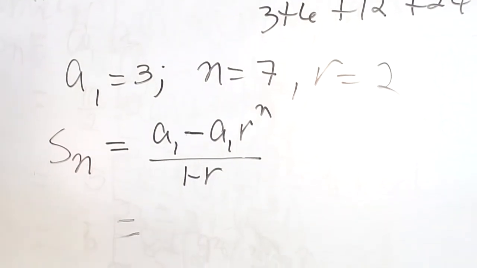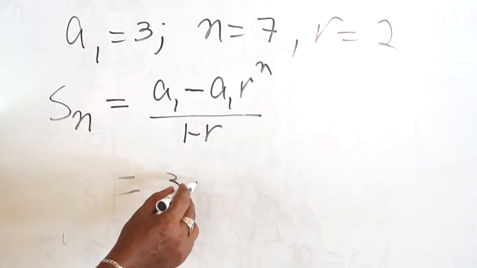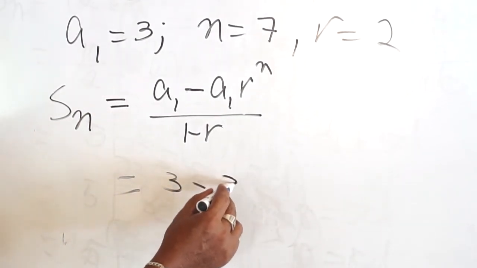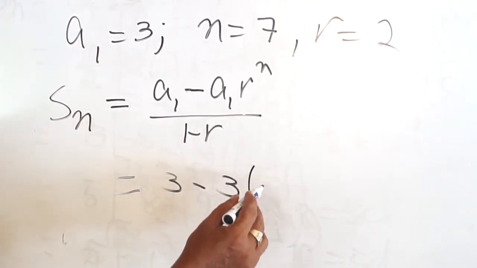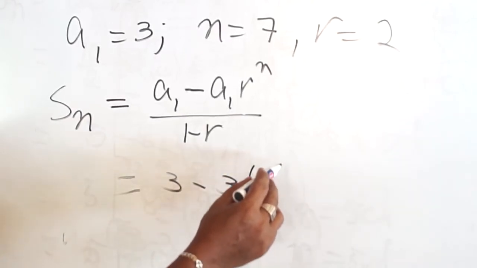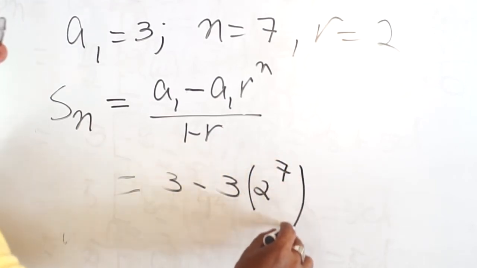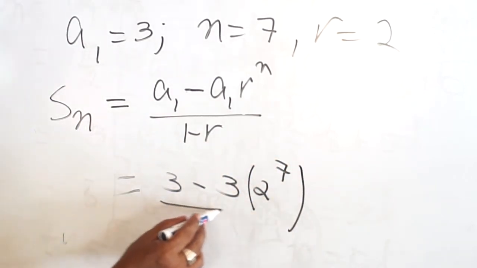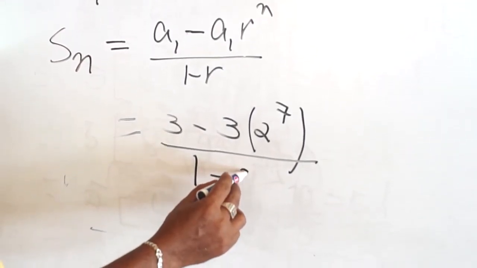Then simplify. The first term is 3, then minus 3, multiply it by the constant ratio 2, raise the power of 7, then over 1 minus 2.